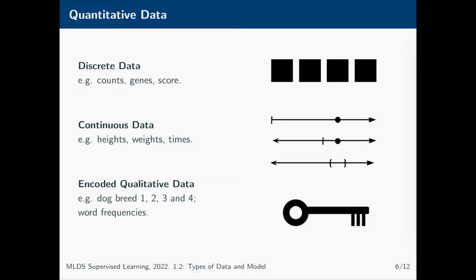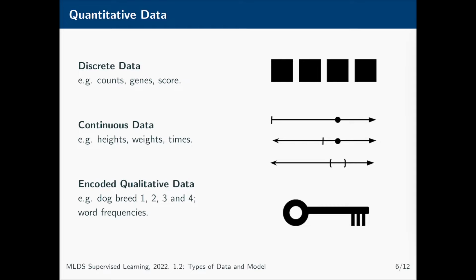Moving on to quantitative data then, what types of quantitative data can we have? The first is quantitative discrete, which might be something, for example, such as event counts, gene expression, or a test score. The key feature here is that these take integer values.